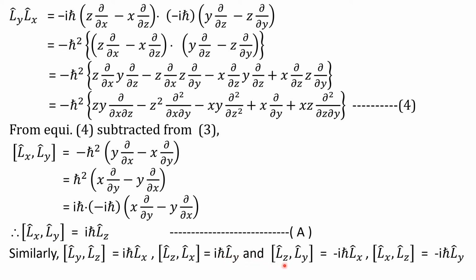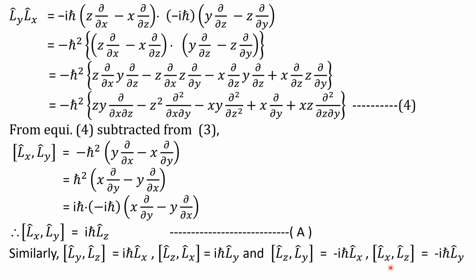Hence, [Ly, Lx] is minus i h cross Lz. Similarly, if we interchange so that Lz is first and Ly is second, according to the first rule, [Lz, Ly] is equal to minus of [Ly, Lz], and the [Ly, Lz] value is i h cross Lx. Therefore, the value is minus i h cross Lx.